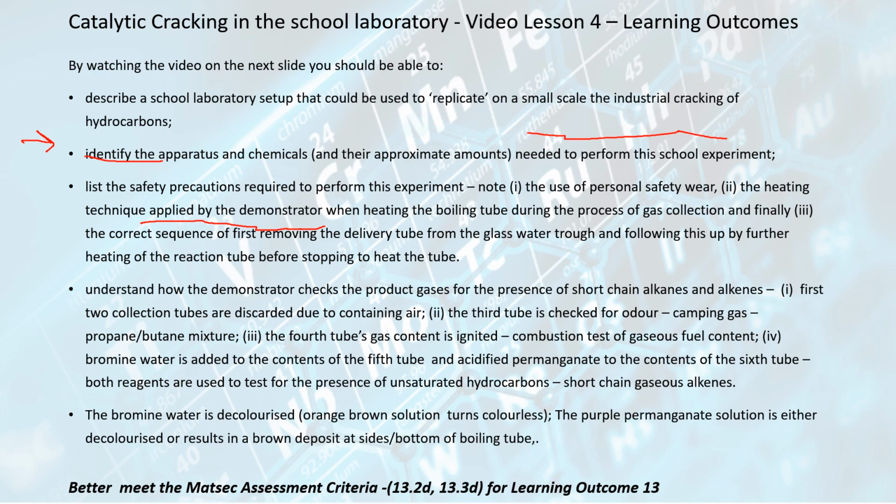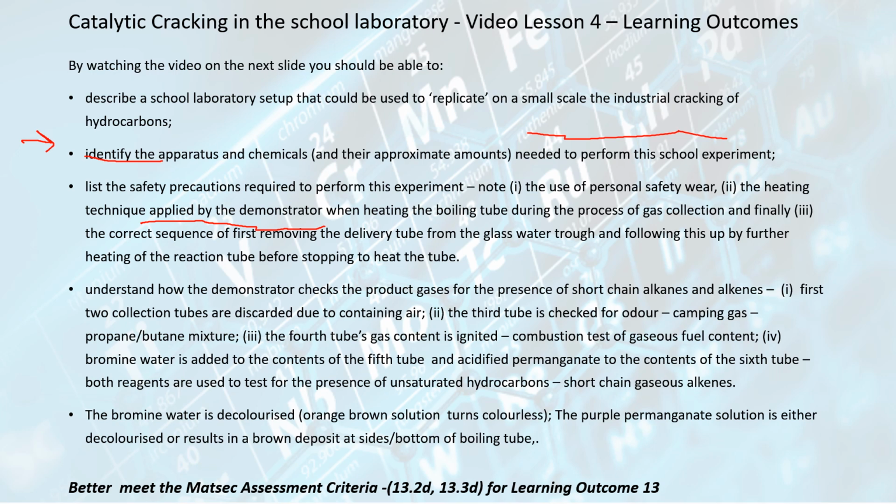But the gases that you are testing for in your boiling tube are very, very short chain hydrocarbons, typically no more than 4 carbon atoms in length. It could also be more than 4 carbon atoms, I correct myself, but not much above that.